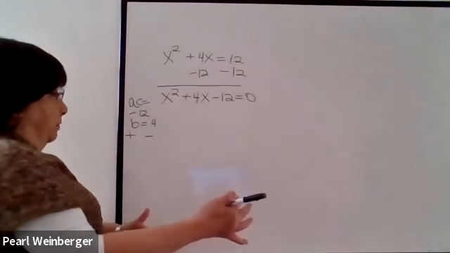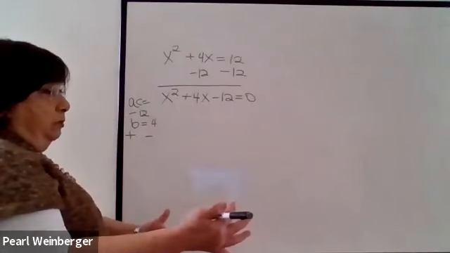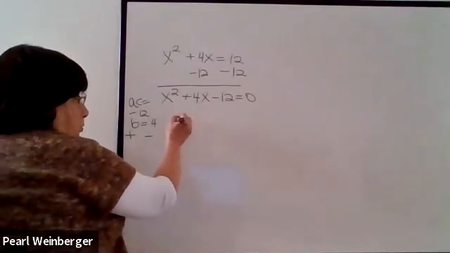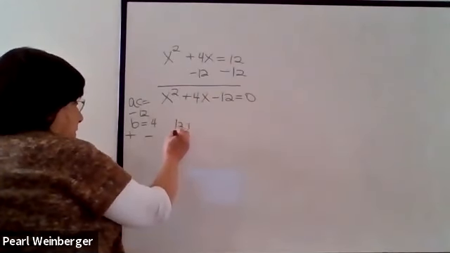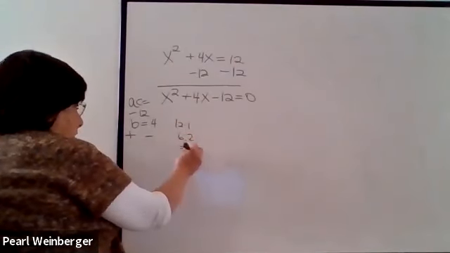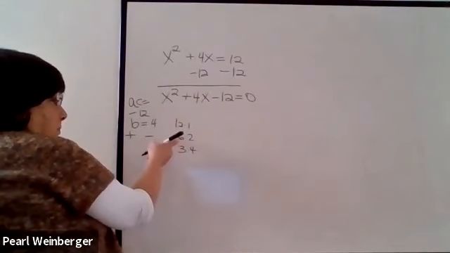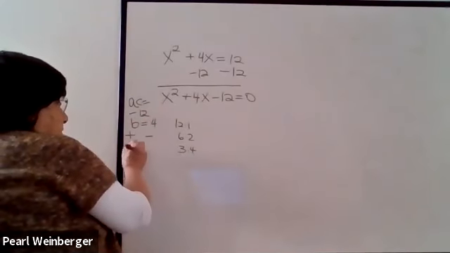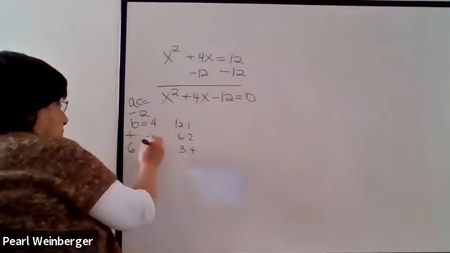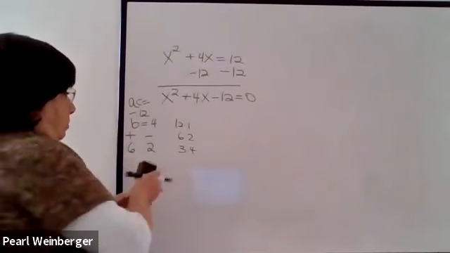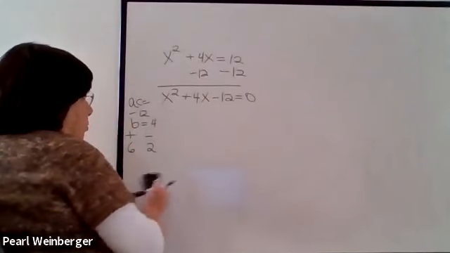One is going to have to be a negative number. Well, what multiplies to 12 could be either 12 and 1. Here are our choices. 12 times 1, 6 times 2, 3 times 4. And obviously the choice is the 6 and the 2, where we'll pick the 6 to be positive and the 2 to be negative. This is the old factoring that we've been doing all along.